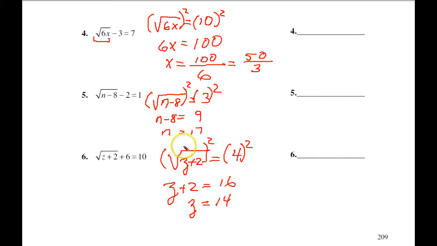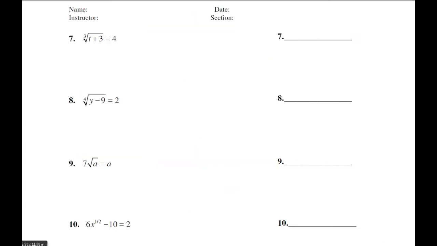So again, the equations aren't difficult so far. It's just knowing the procedure to isolate the radical and then use the principle of powers. So, as we continue, notice they've changed our index number.